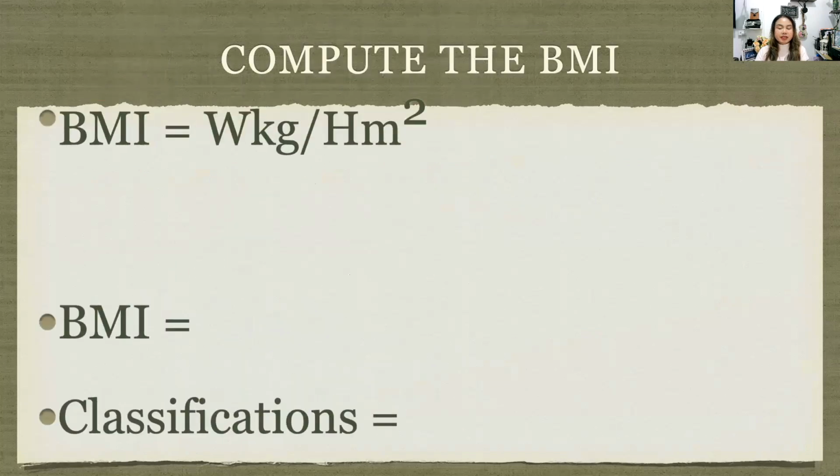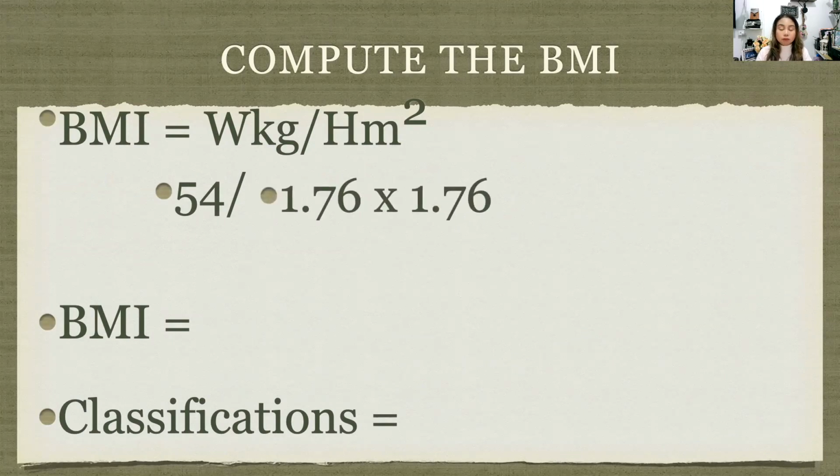Now remember, BMI is equal to W or weight in kilos over height in meters squared. So what is the first step? Multiply the height by itself. The weight, we are now going to use 54, which is the given weight, while the height, we have to multiply by itself, 1.76 times 1.76, which is equal to 3.0976.